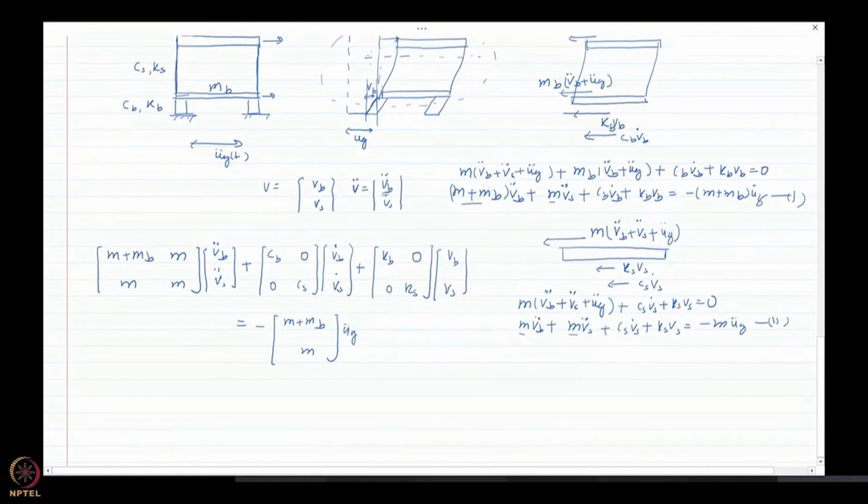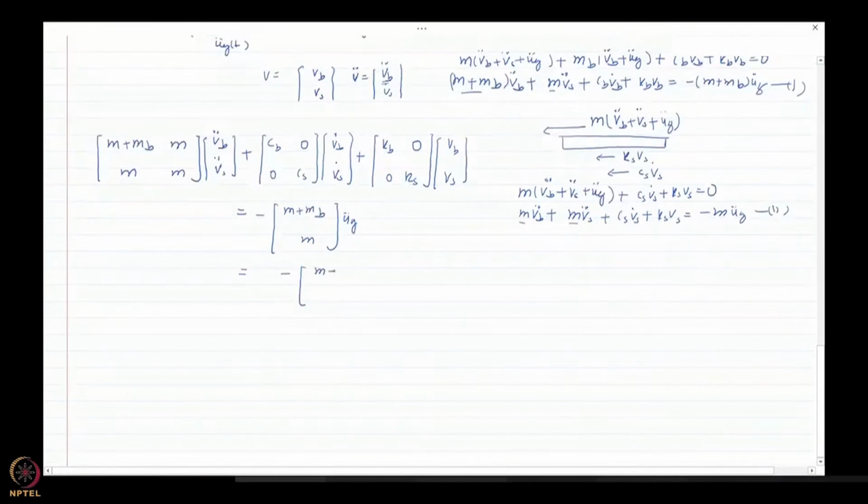Now like we did previously, we can further write this as minus of the matrix m plus mb, m, m and m, which is the same as the mass matrix. So I'm writing it in terms of the mass matrix, and this I will write as 1 and 0, the influence vector, because if you multiply this vector with this matrix, I will get this vector here.